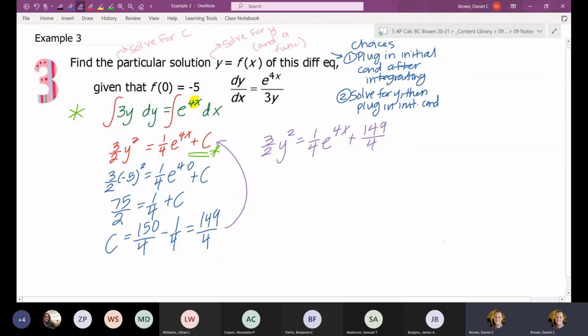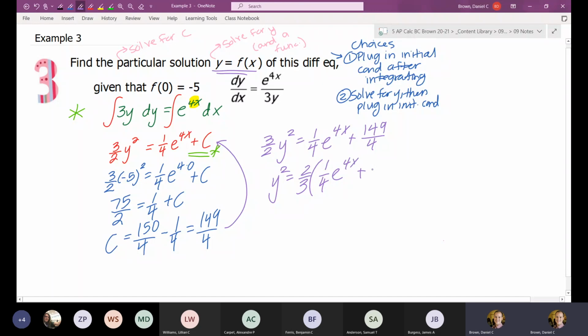Can I leave my answer like that? I cannot leave my answer like that because it told me I had to solve it for y. So now I just want to be careful, the calculus is done, I just need to do the algebra now. So y squared is equal to 2/3 times all this.